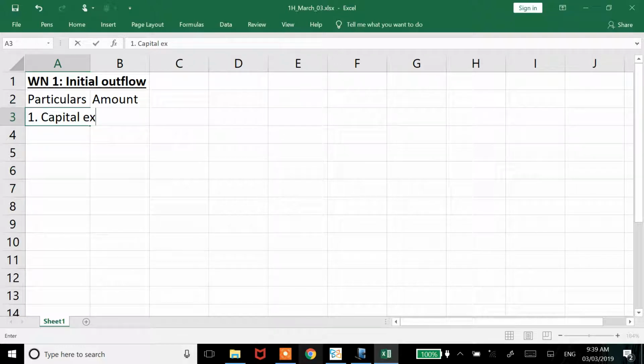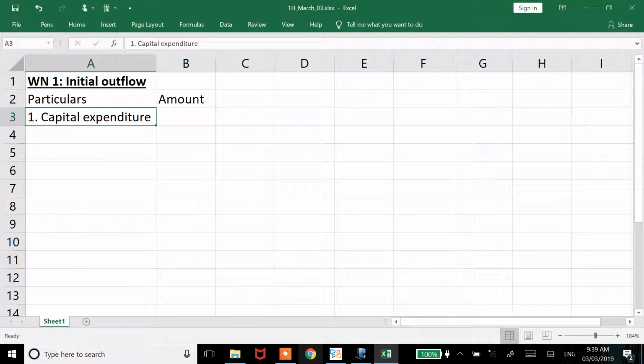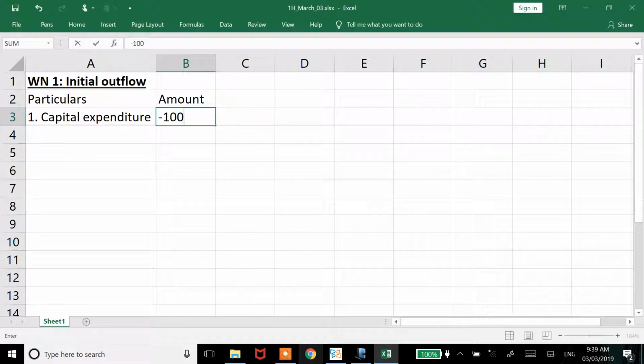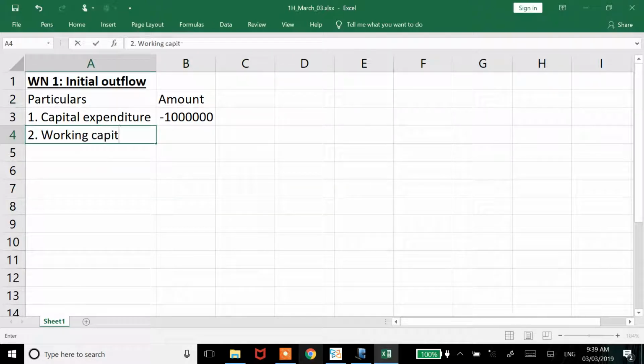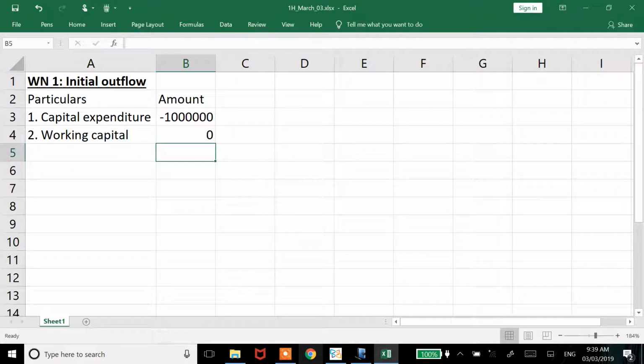Point number 1, capital expenditure. How much is the capital expenditure? ₹10 lakh is the capital expenditure. Working capital, 0.